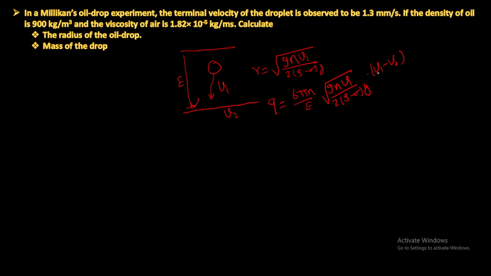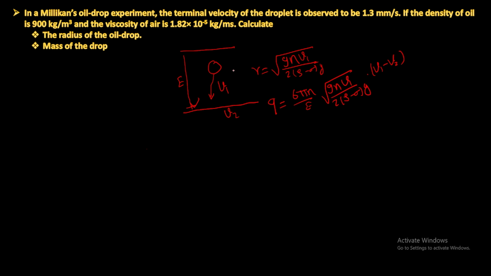The v1 is the terminal velocity in the absence of electric field, whereas v2 is the terminal velocity after applying the electric field. If the given oil drop is still falling in the downward direction after applying the electric field with new terminal velocity, we have to write here v1 minus v2.